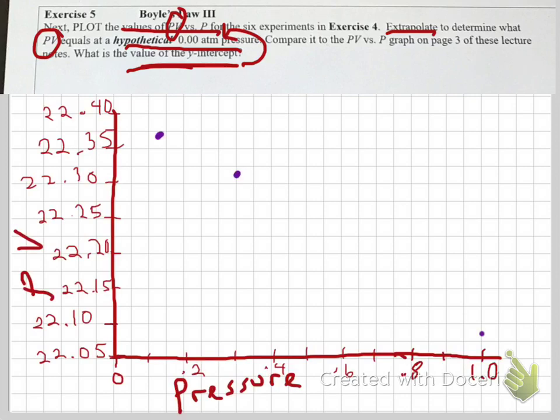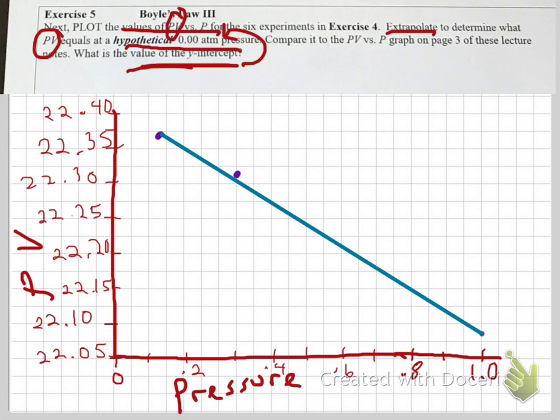So here I've plotted the 3 points from experiment 1, 3, and 5. And notice I'm plotting PV on the y-axis and pressure on the x. So PV is that Boyle's constant that we calculated in exercise 4. And I can draw, notice it's a pretty decent straight line.